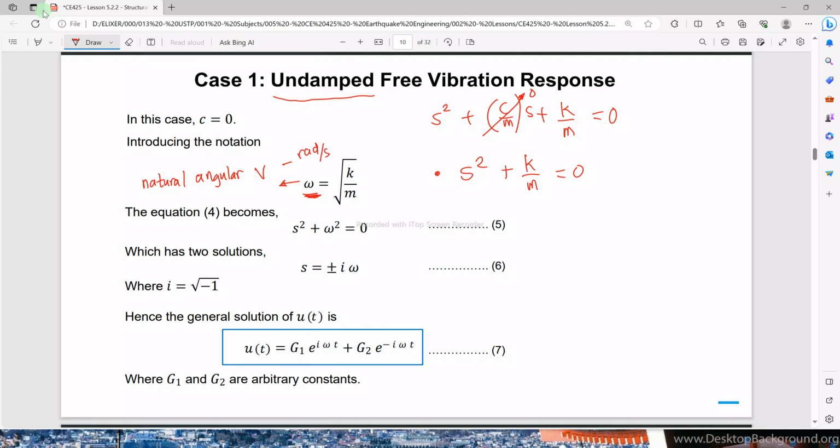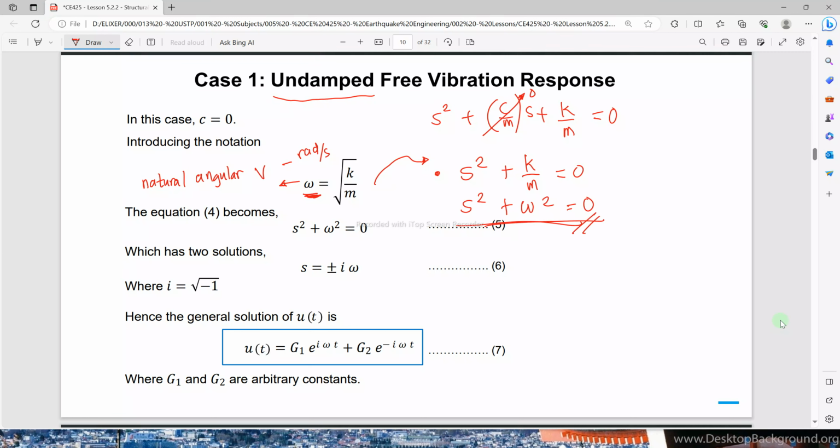So if we substitute this notation into this equation, we will have s squared plus omega squared is equal to 0.